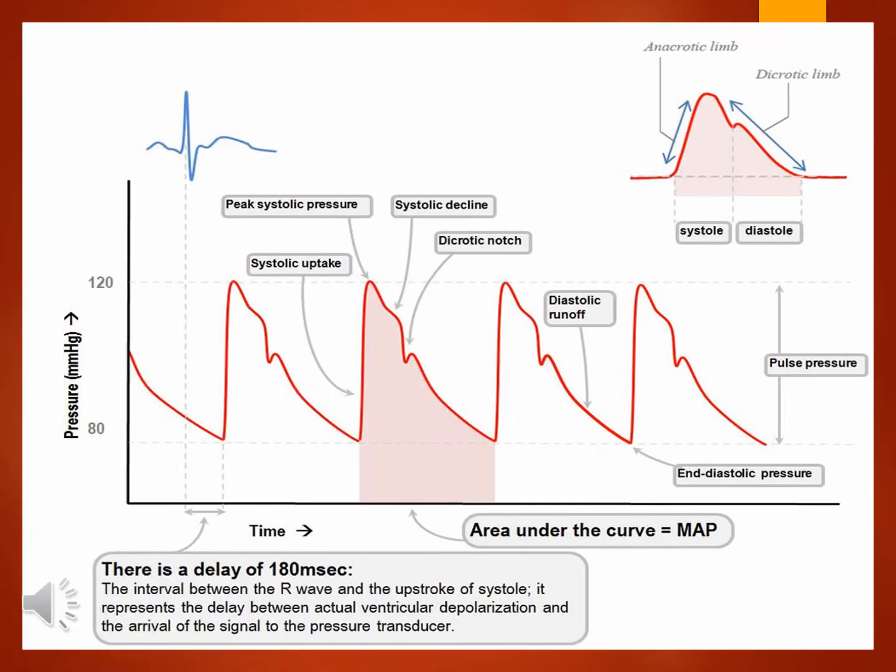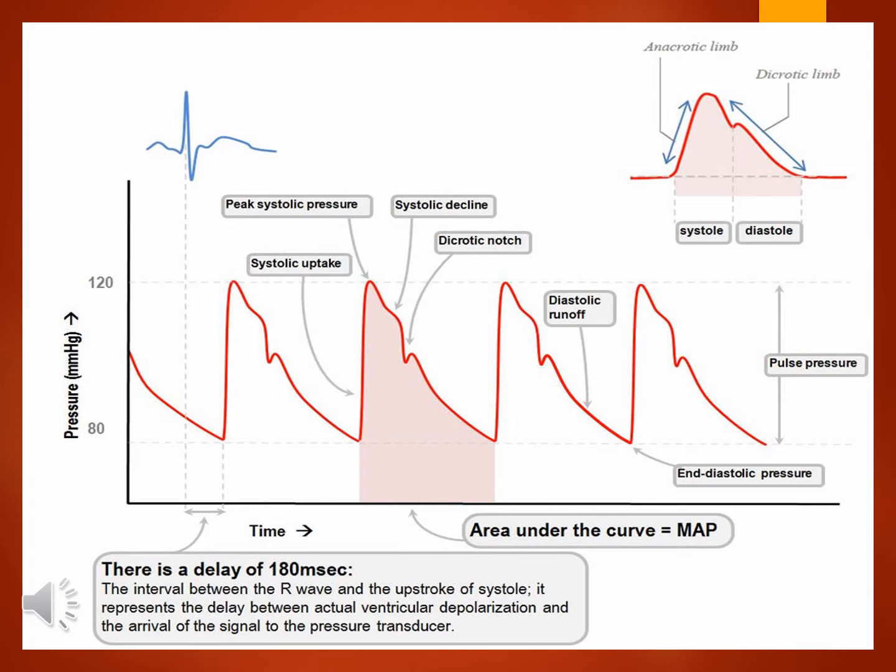This picture is just a picture showing you of what a waveform might look like. You have the systolic uptake, you have a dicrotic notch, and then you have the diastolic runoff. If you'll notice, the top of the systolic comes to about 120, the bottom comes to 80.